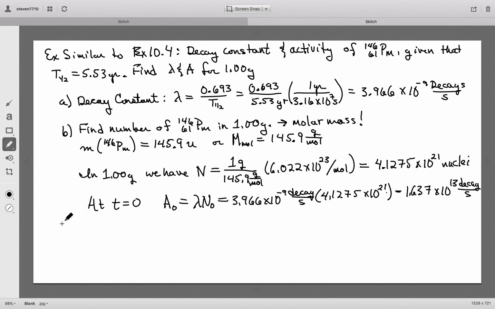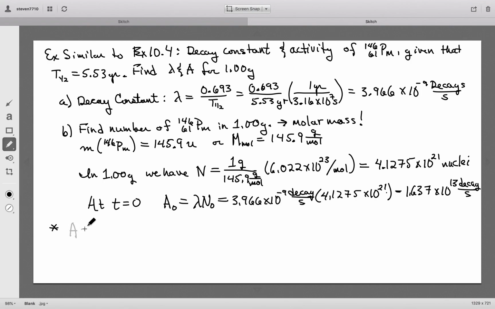Pretty interesting. One last content thing to think about here. And that has to do with the exponential decay of your activity.